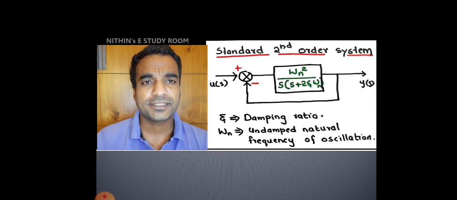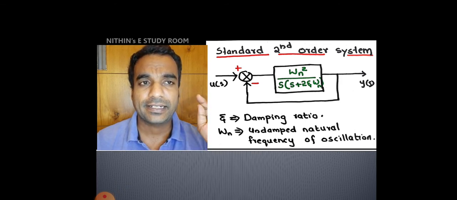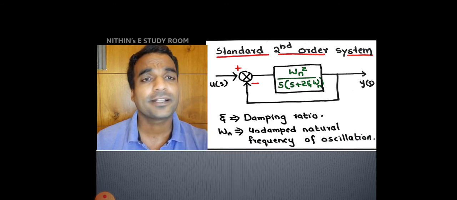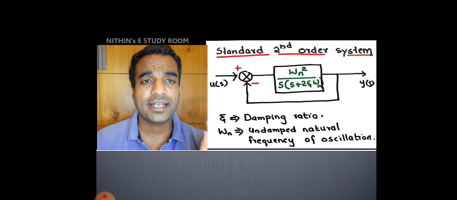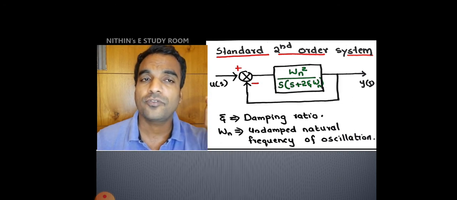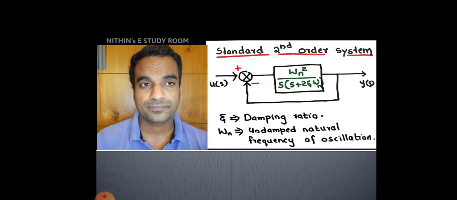So this was the standard representation of a second order system. In this form, we are giving the forward path gain G of s, that is nothing but omega n square by s into s plus 2 eta omega n. This is the standard form of forward path gain for any control system.